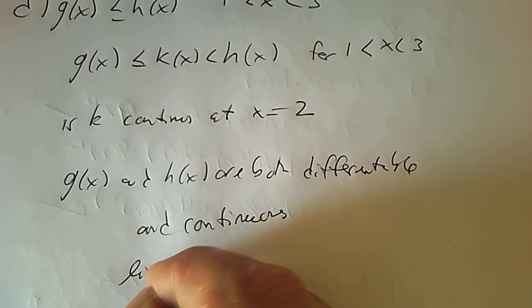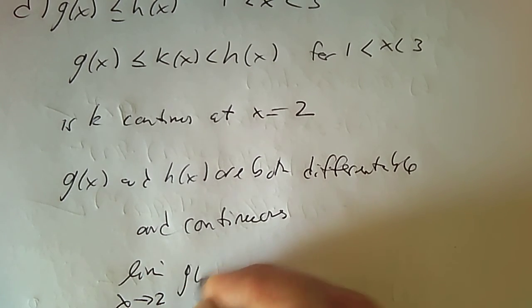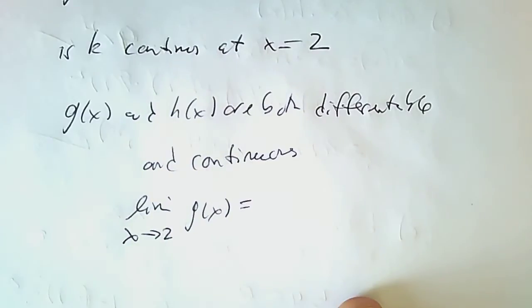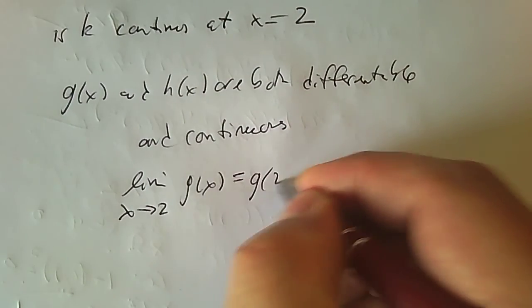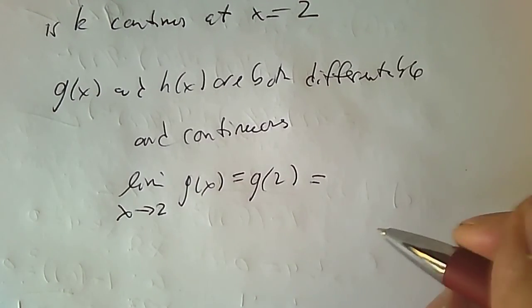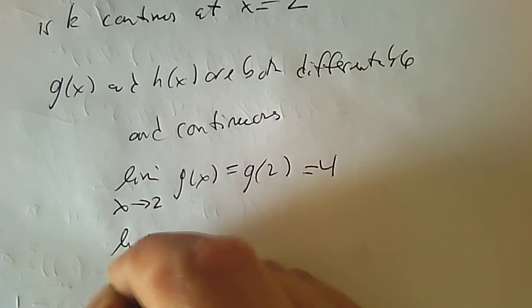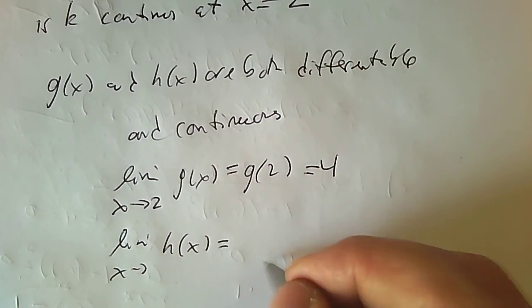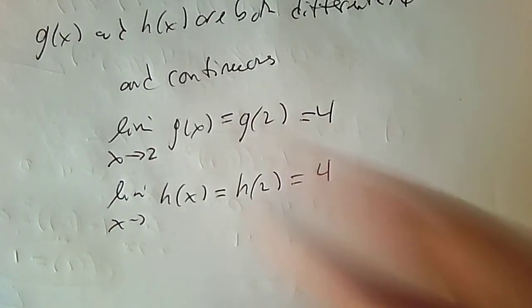So the limit as x approaches 2 of g at x, so we're talking about 2 here, is the same as just plugging in 2. And if I just plug in 2 in the question, it says the answer is 4. If I do the same thing for h and plug in 2 for h, you get the same answer, 4. That's from the question.